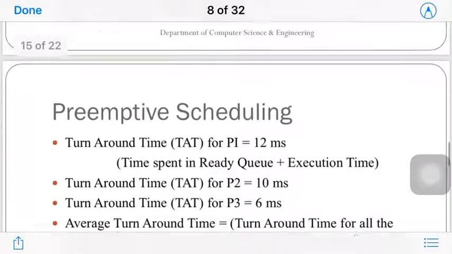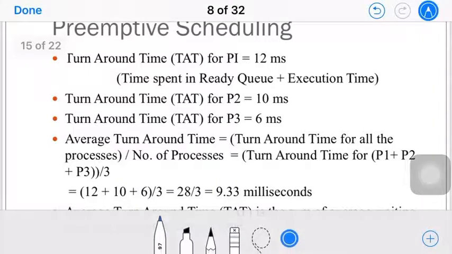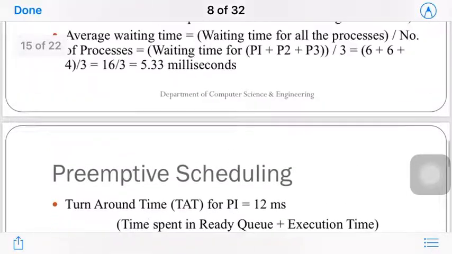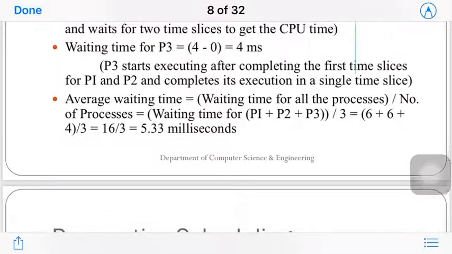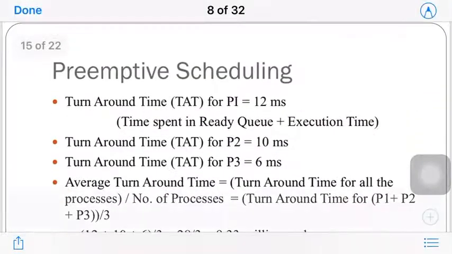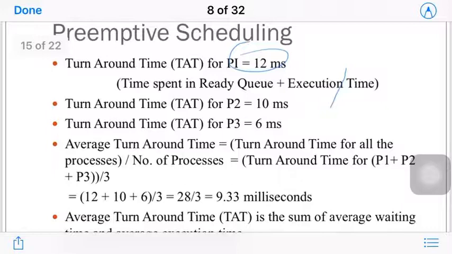Okay. Now turnaround time. So we know what turnaround time is: waiting time plus execution time, that is, time spent in the ready queue plus execution time. We have already calculated the waiting time here, and we already know from the problem statement how much the execution time is. So for P1, waiting time we calculated is 6 plus the execution time of 6 milliseconds, so it is 12.